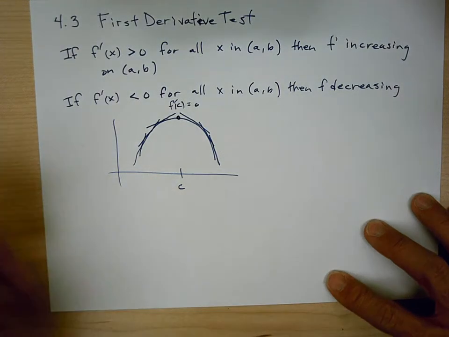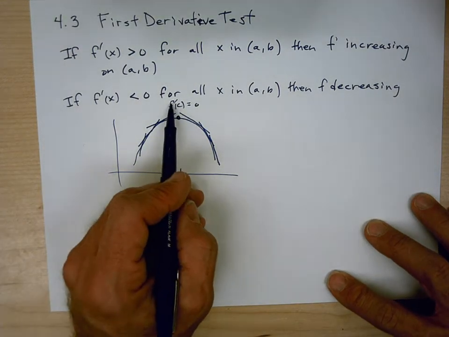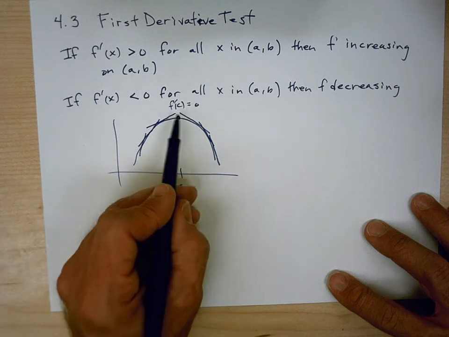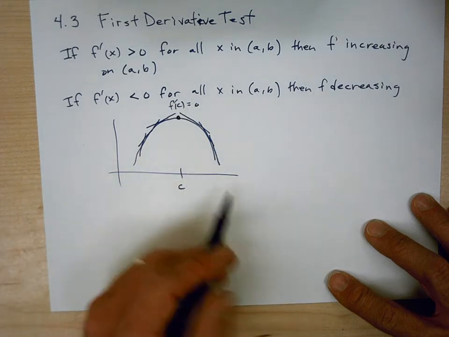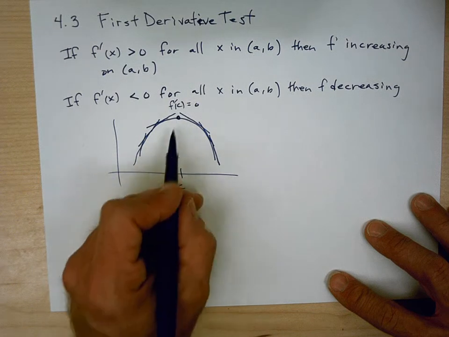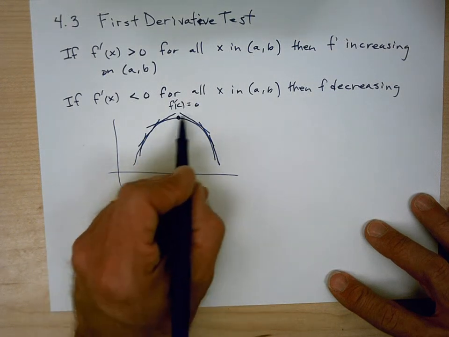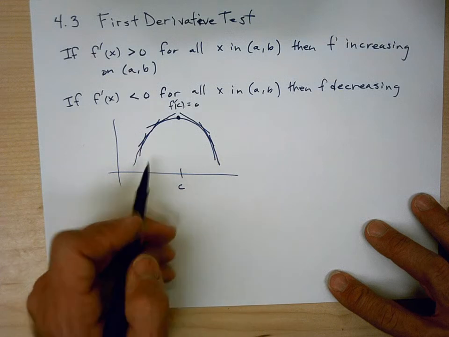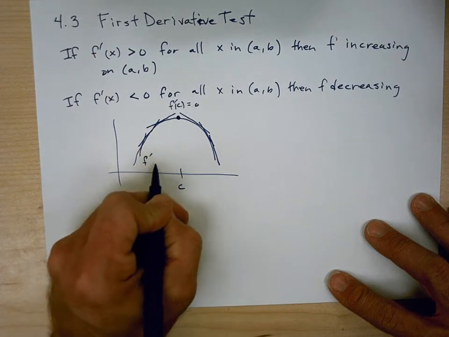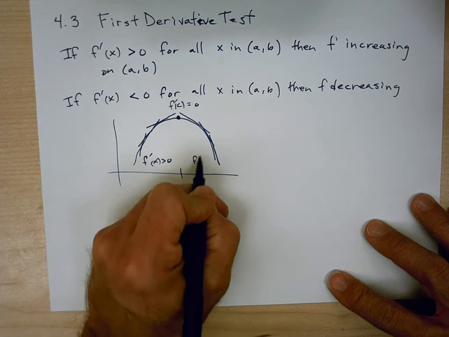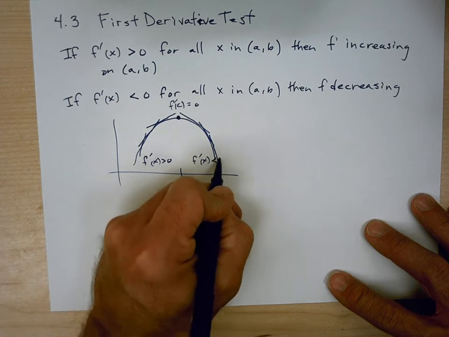One way to get a critical point is to find the point where the derivative is 0. We also know that critical points can be points where the derivative is undefined as well. But notice, clearly this is a maximum, right? It's going up and coming back down the other side. Over here, f prime was positive, and on this side, f prime was negative.